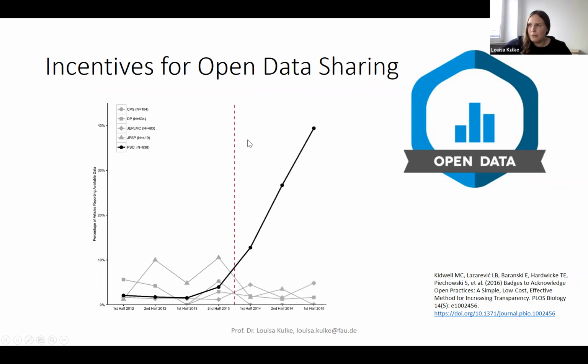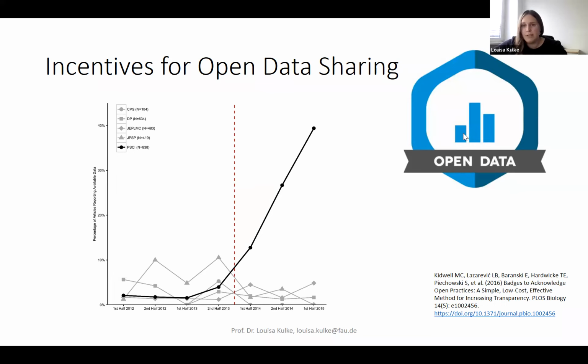And when they introduced the badges for PSCI, this journal, you see that all of a sudden there's a huge increase in papers that share their data openly, just because they get a silly little sticker on top of it. So even for a very small thing, you can already increase the data sharing.